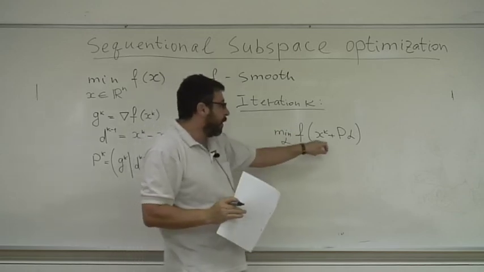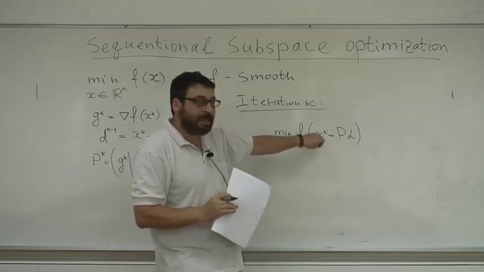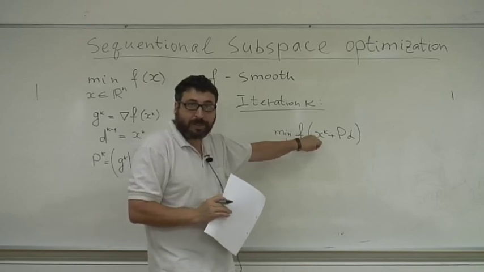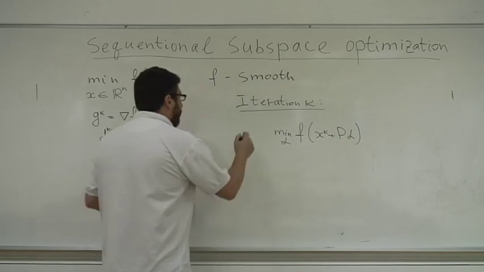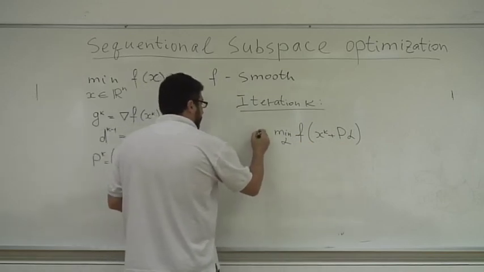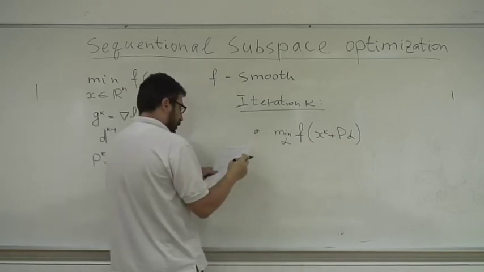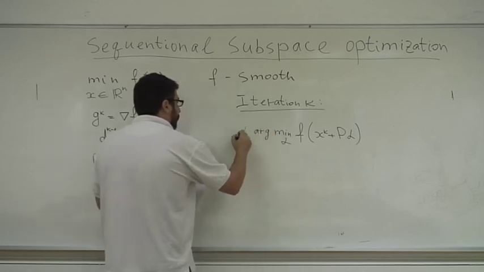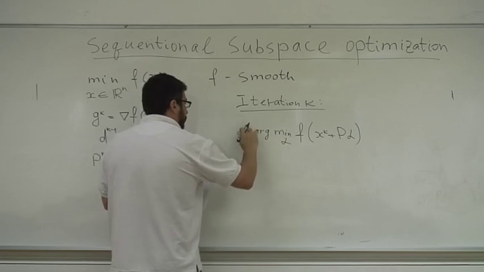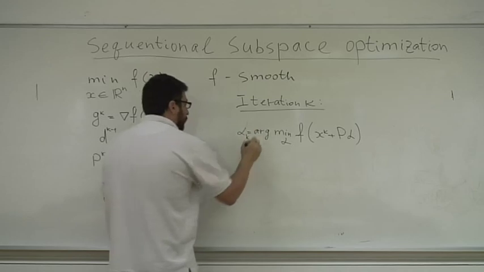It means that I minimize over the affine subspace which passes through the point xk and is spanned by the columns of matrix P. If I take the argmin, I will get alpha k. Alpha k is the argmin.